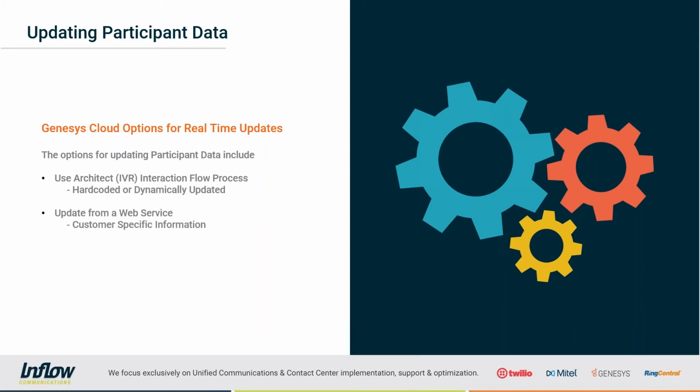Now in Genesys Cloud, you have the web services plugin, which I love. If you haven't played with that yet, take a look at it. It's very easy to manipulate, and we can use a web service to update information based on identifying client details. The classic example is this: your customer calls in or sends an email, we look at their phone number or email address, and we look up information about the client in our database.